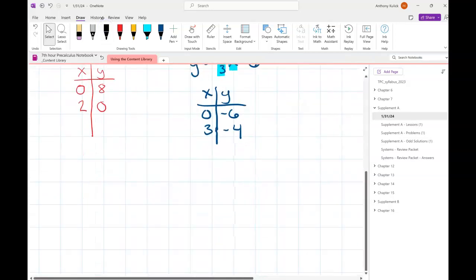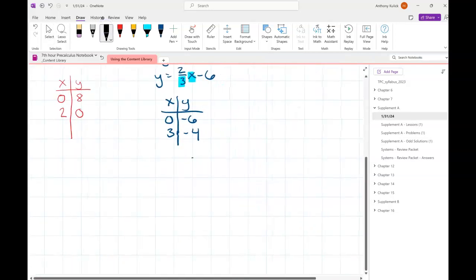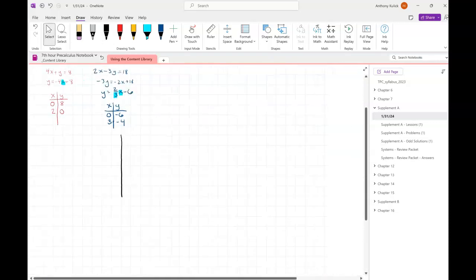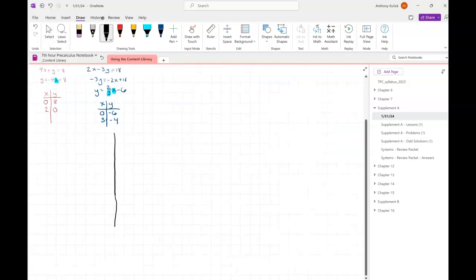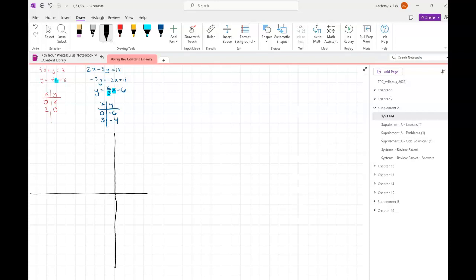All right, so now let's try to draw our graph. So 1, 2, 3, 4, 5, 6, 7, 8.